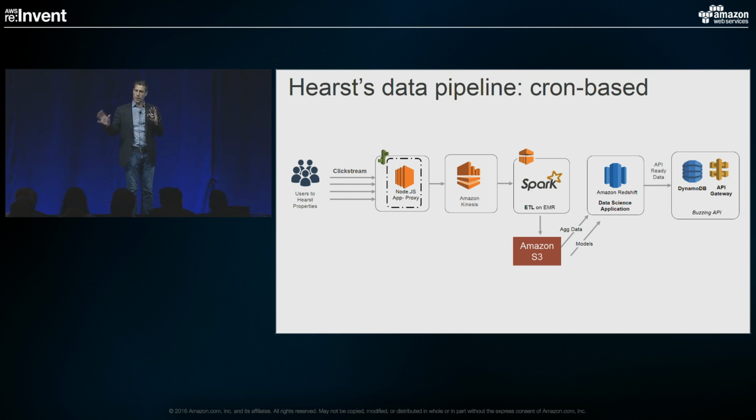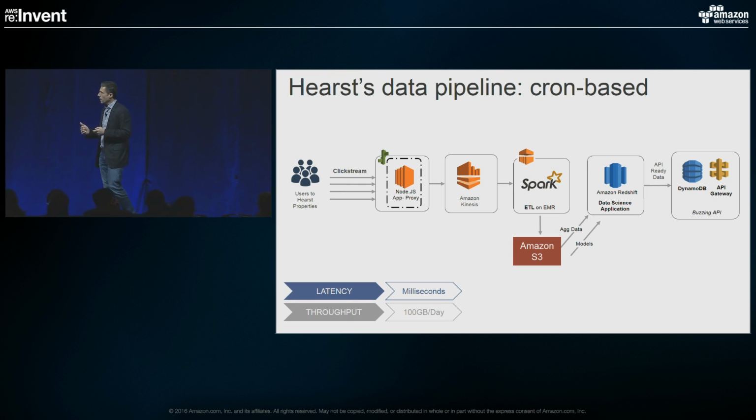And then we do our data science, where we manipulate the data and create new variables and enrichment on it. And then we pump that into a Dynamo database with an API gateway front end so that we can feed applications and products in real time across the Hearst network. This was our clickstream at the start of 2016.